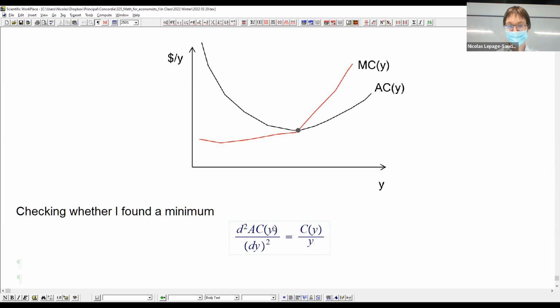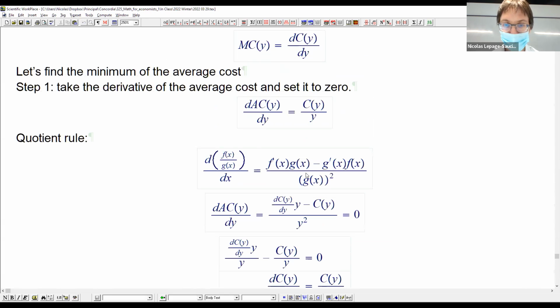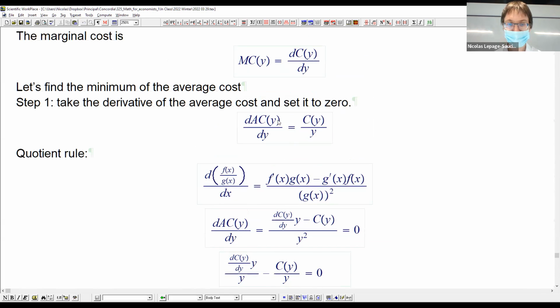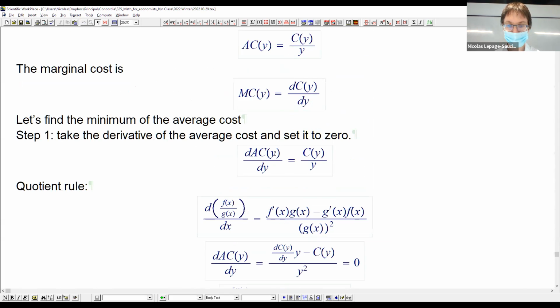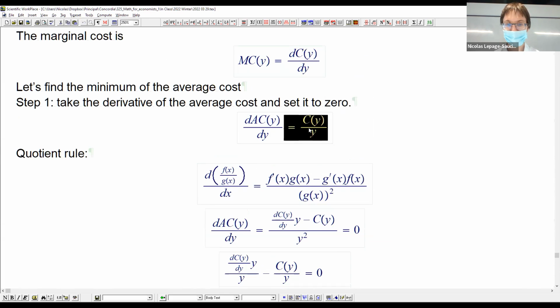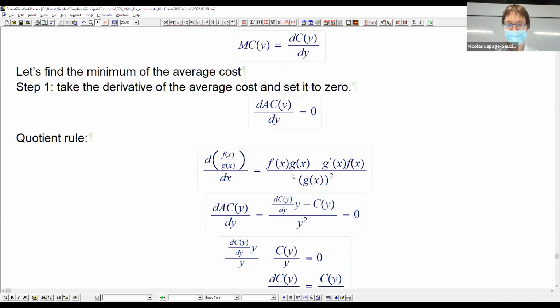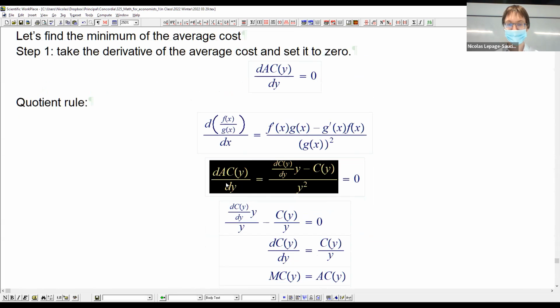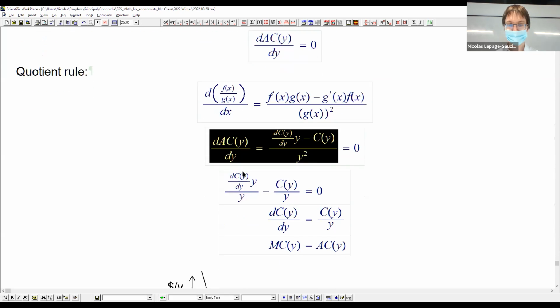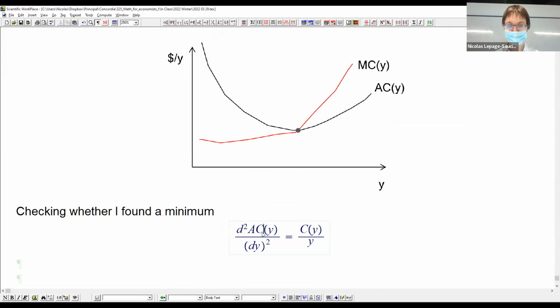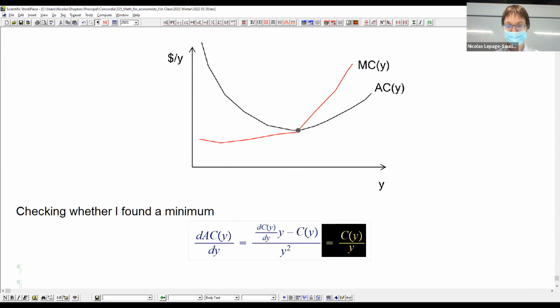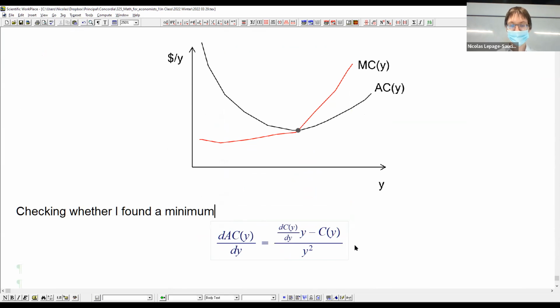No, I want to set this to 0. So this is the first derivative.